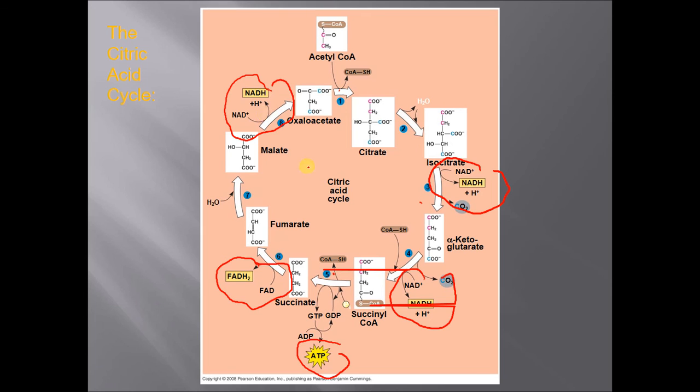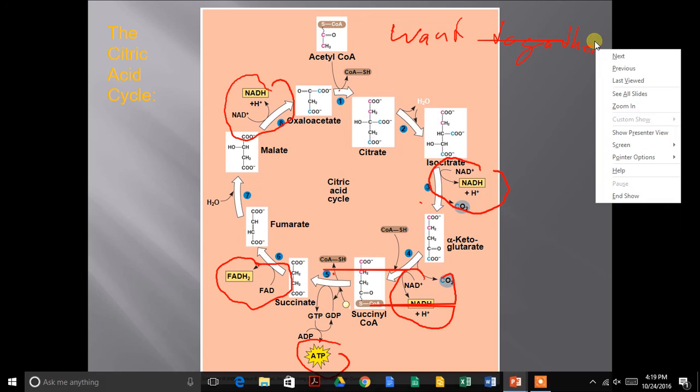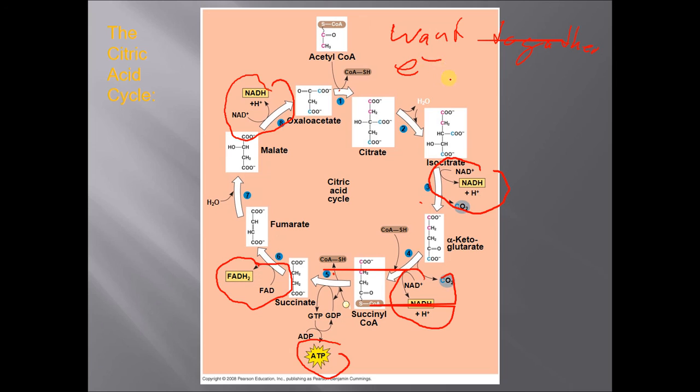So the key in this whole thing is we want to gather electrons for the electron transport chain. That's where we get lots of ATP from.